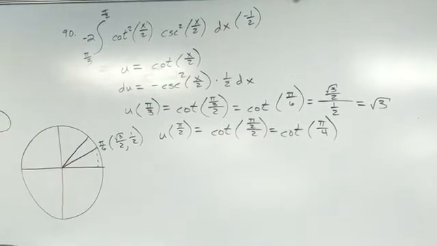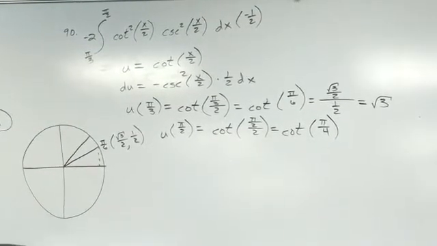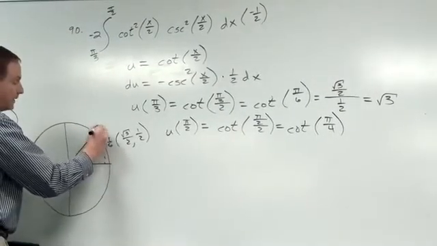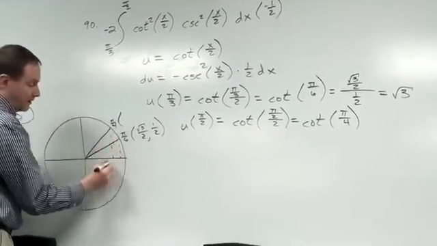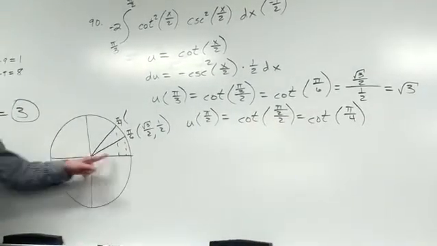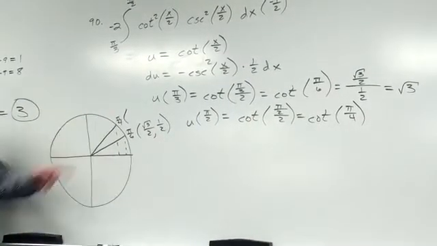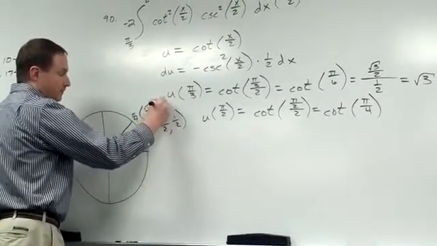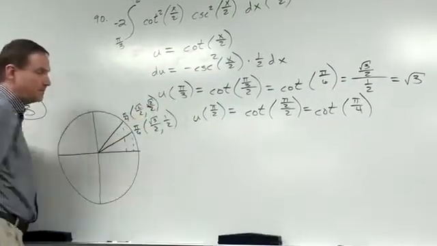At pi over 4, both the x value and y value component are square root of 2 over 2. The x value is going over less, the y value is going up more. So I can say the cotangent, cosine over sine, is 1.